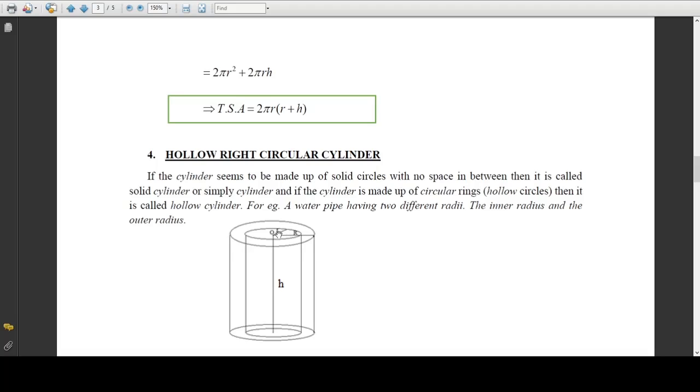the circle that you will find here will not be only one circle. There will be 2 circles around each end of the cylinder. On the top and the bottom there will be 2 circles. One is a smaller circle and the other is a bigger circle.